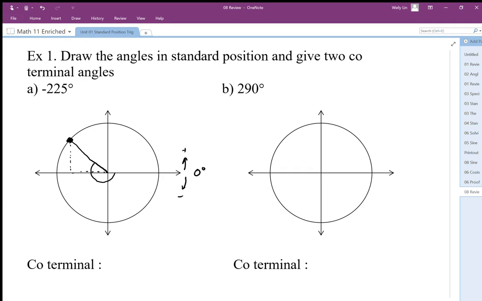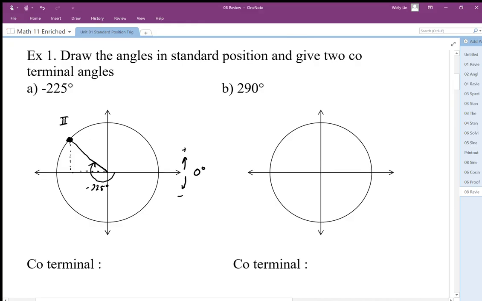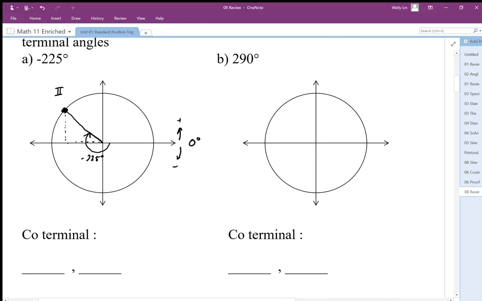Okay? Now this is measured in the negative direction, and it's in quadrant 2. And that's negative 225 degrees. Now we could find a coterminal angle by going in the positive direction. Okay, so instead of going in the negative direction, we can go positive direction.